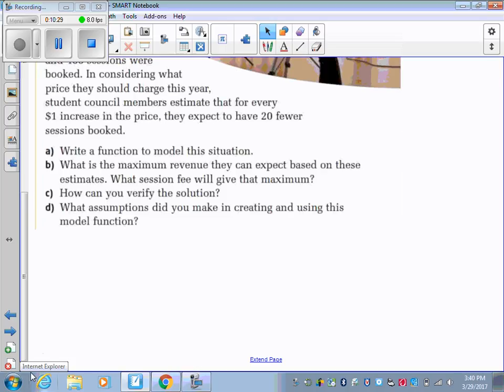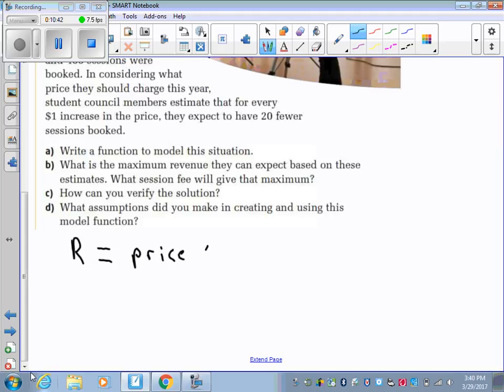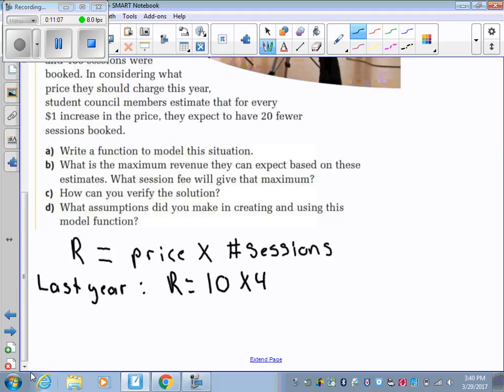So the first thing I want you to understand is that revenue, if you're not quite sure what revenue is, is how much money you make. So basically it means you take the price and multiply it by the number of sessions. So last year, their revenue was, they charged $10 and they booked 400 sessions.